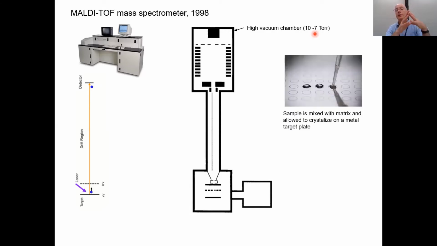And we need to have a sample. Now in MALDI, the liquid sample is mixed with a liquid matrix. And then in small volume, so this is about 2 microliter volume here on a metal sample target, it's allowed to crystallize, and so the matrix and the sample co-crystallize on this metal target plate.